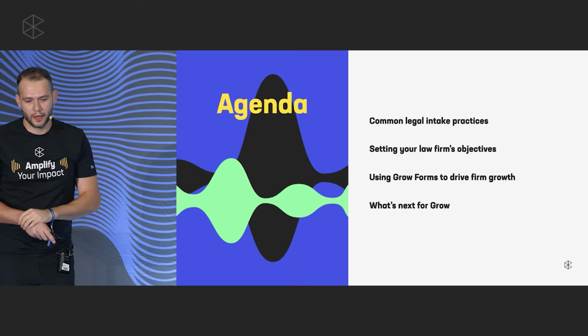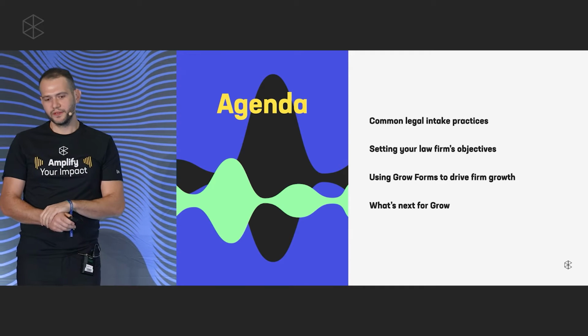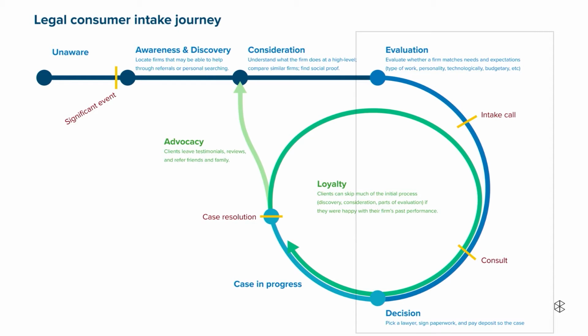Okay, so I mentioned the common legal intake practices. We see when a legal matter is born, clients go through this awareness and discovery phase where they're looking to understand a little bit, mostly through referrals, obviously, and also searching on their own, maybe online, to find a law firm that meets their expectations.